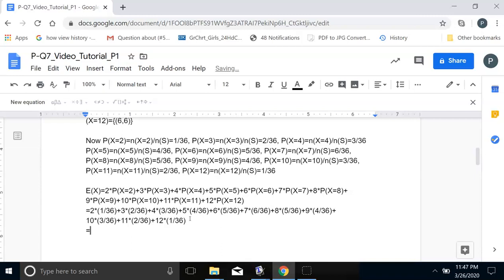Adding all these up, notice they all have 36 as the denominator, so we can just add the numerators.